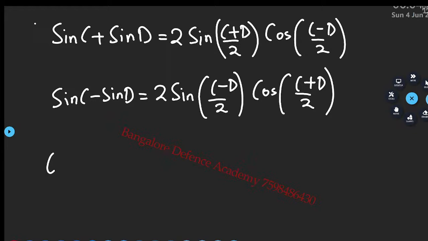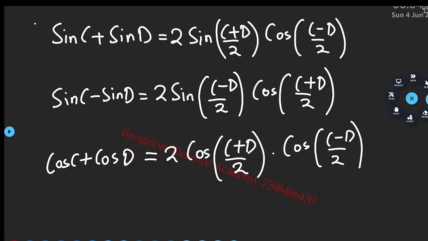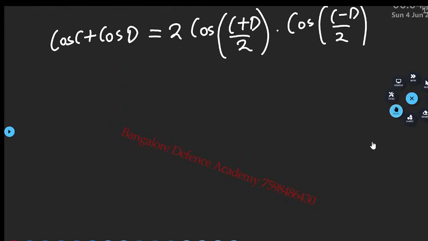Next, cos C plus cos D is equal to 2 cos((C+D)/2) into cos((C−D)/2).